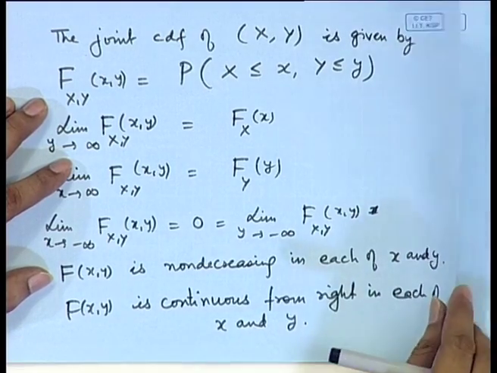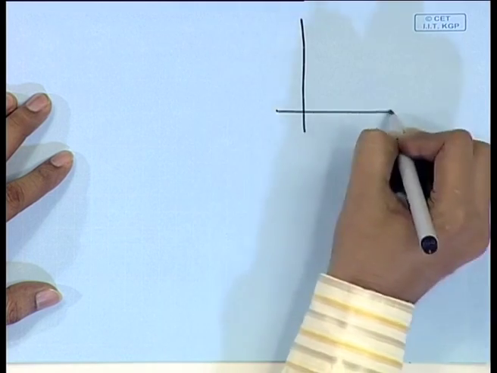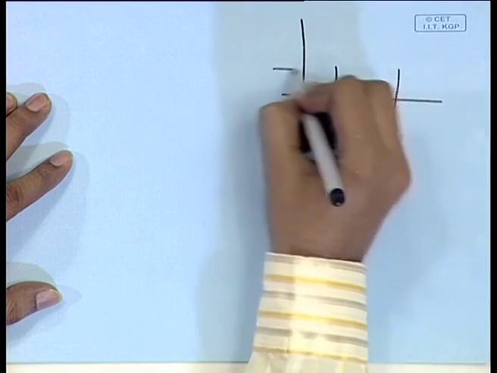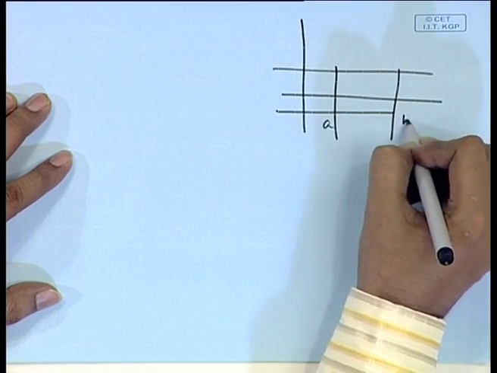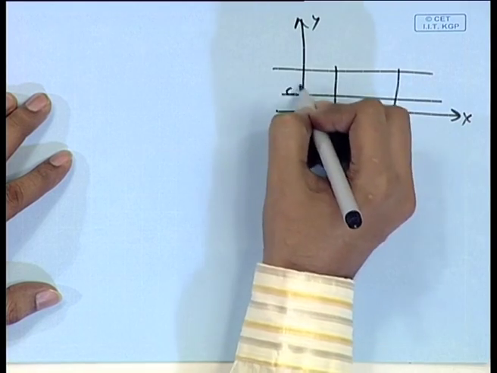We can also consider say a cell in two dimensional space. Suppose this is the point (a, b), this is x, this is y, and this is say (c, d).